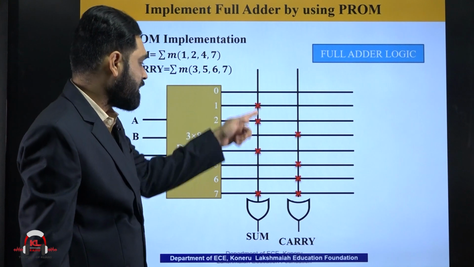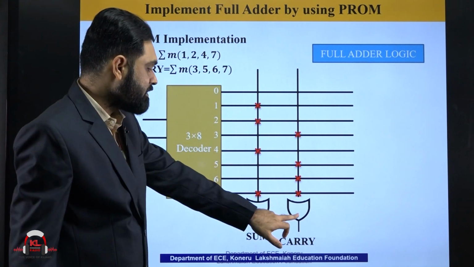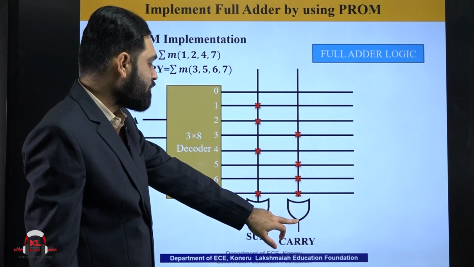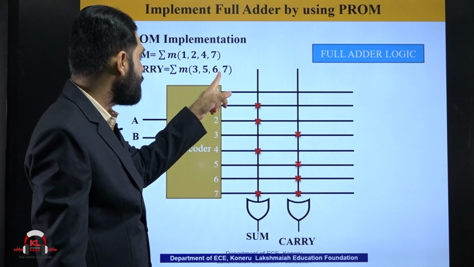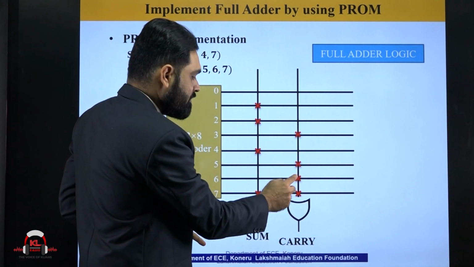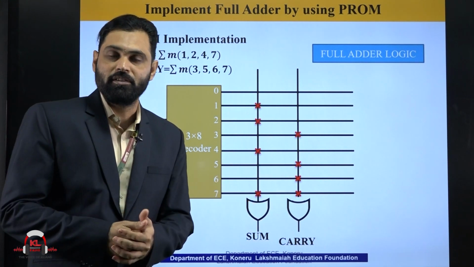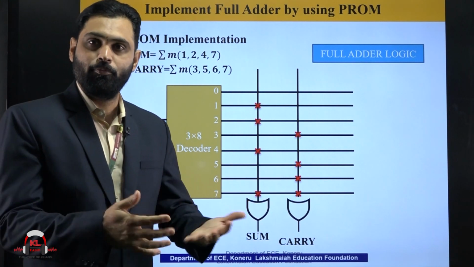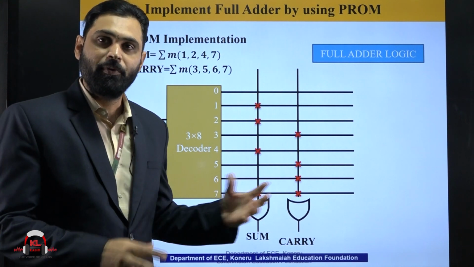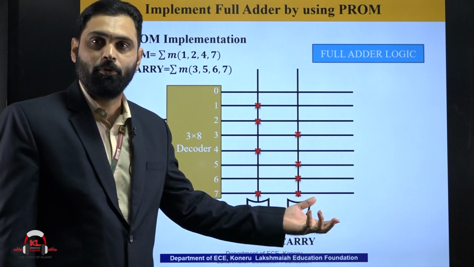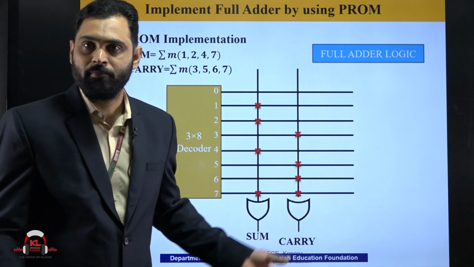The carry OR gate is connected to 3, 5, 6, 7. Very simple to construct. Once you know the logic and which inputs should be connected to get the particular output, then implementation is very easy.